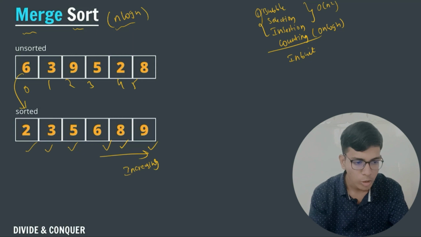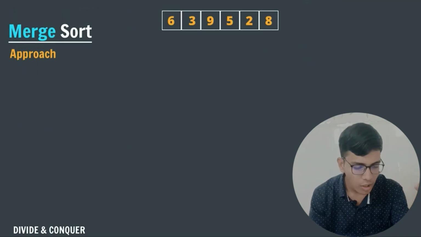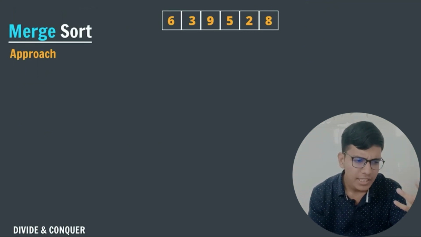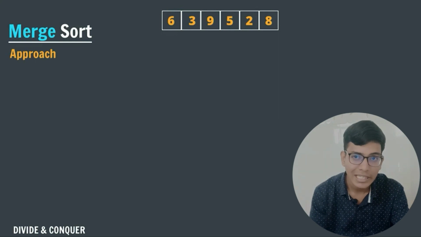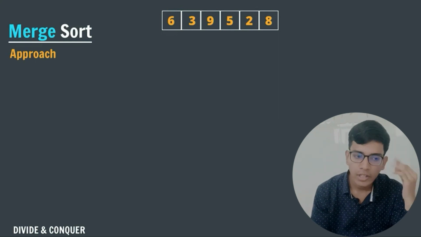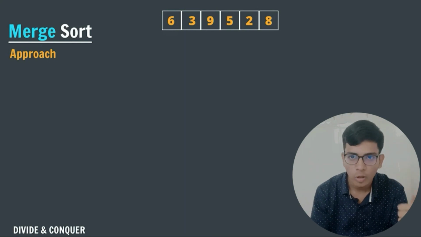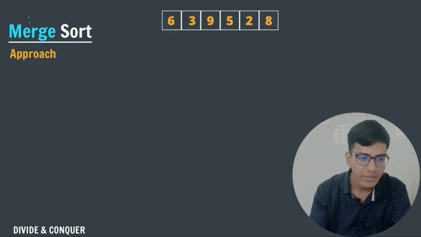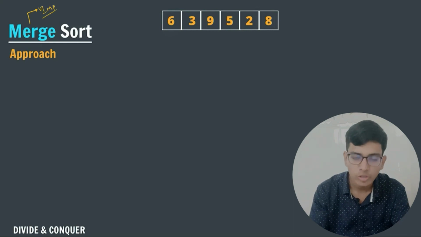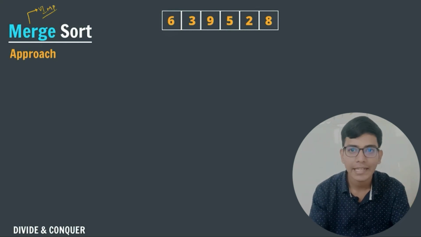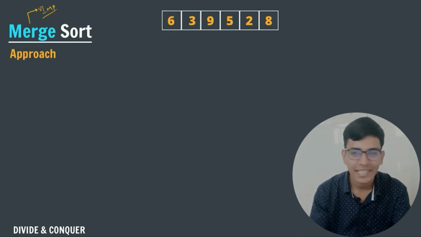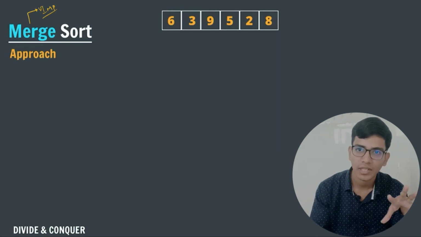So let us talk about the approach, how we can solve a given merge sort question, and what things we need to know to apply merge sort. Before we dive into the technical aspects, I want to tell you that merge sort is a very important concept. In some interviews, merge sort questions might directly come, and the interviewer may directly ask you to apply merge sort on a given array.